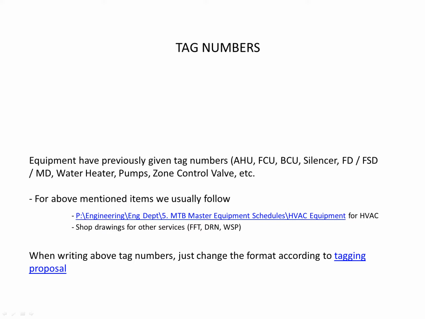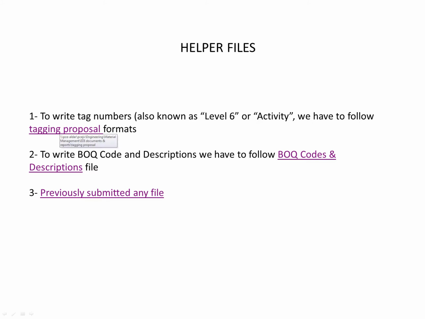Okay, some items like equipment, for example AHUs, have previously assigned tag numbers. Everybody knows it. For an AHU, you have a specific tag number. In shop drawings you may write it in a different format, but we have to follow our tagging proposal when we type the title tag of the equipment.